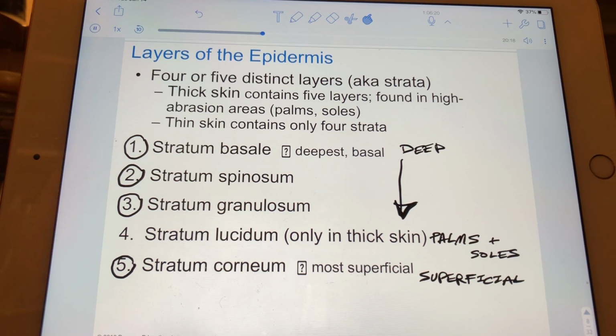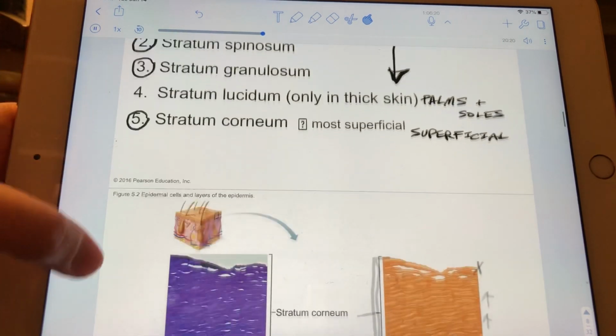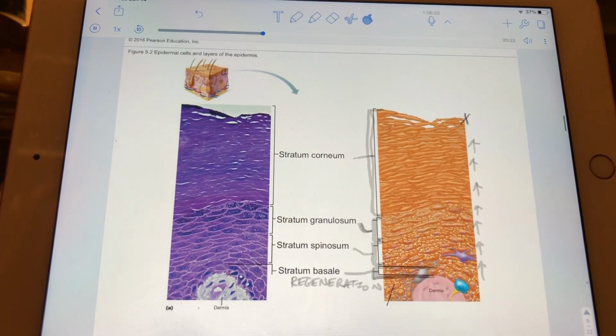okay? Moving on, I'm on slide number 9, and this is that same figure, but here we've labeled the different strata that would be present in all skin. In other words, lucidum is not depicted, okay? The region that we identified as being dead just a moment ago is stratum corneum, okay?